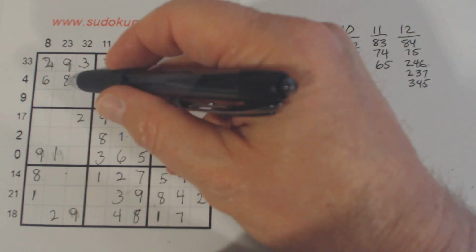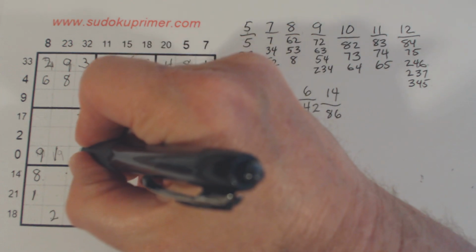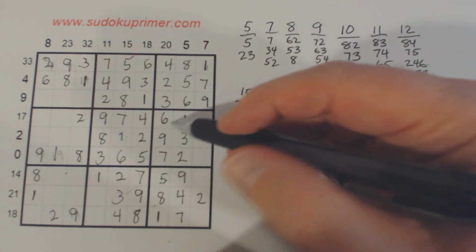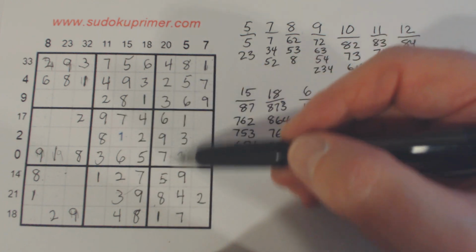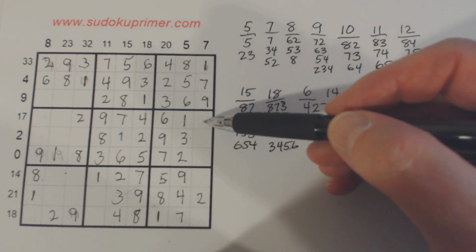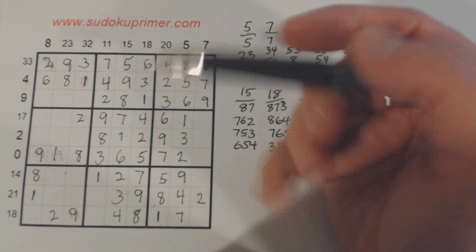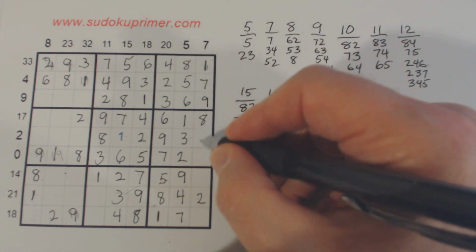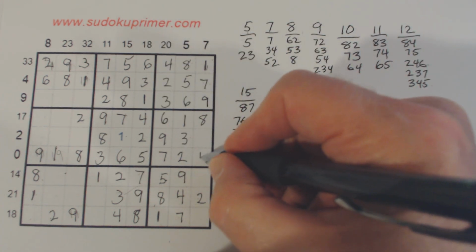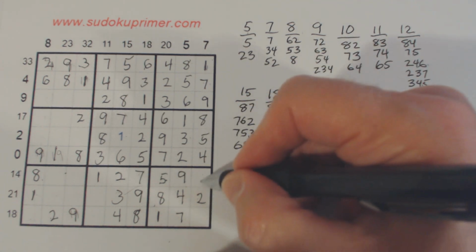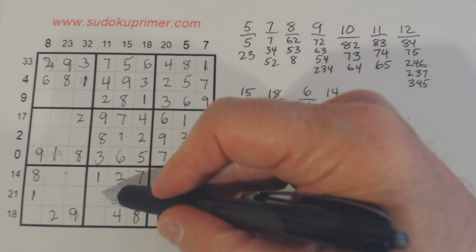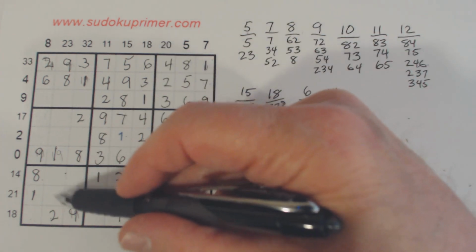Okay. So there's an 8 there. Okay, so there's an 8, and the rest, these leftovers, 4 and 5. Okay, so we got 3 and 6 here still. 5, 6.